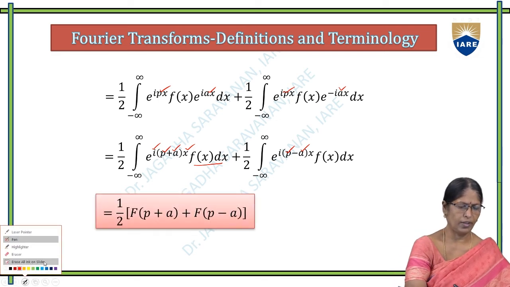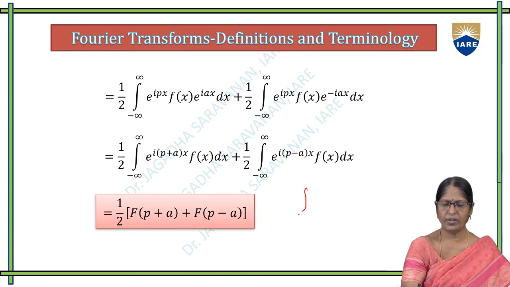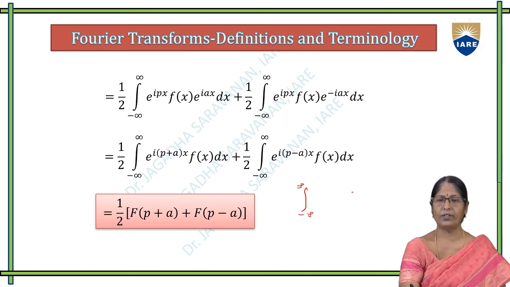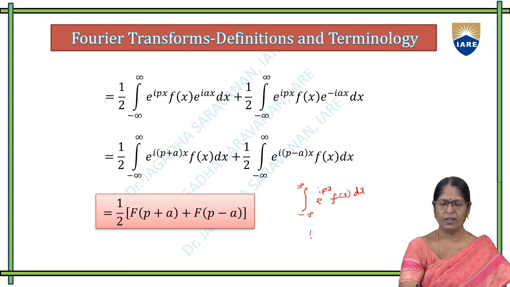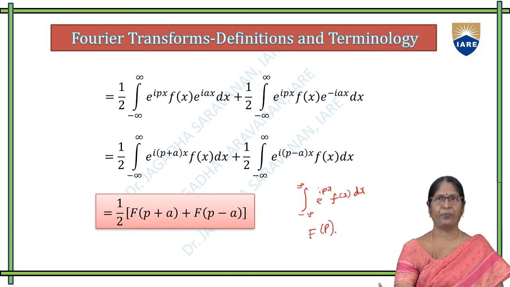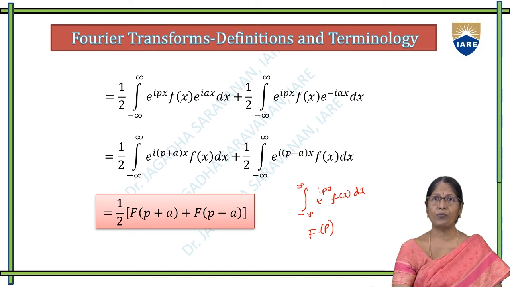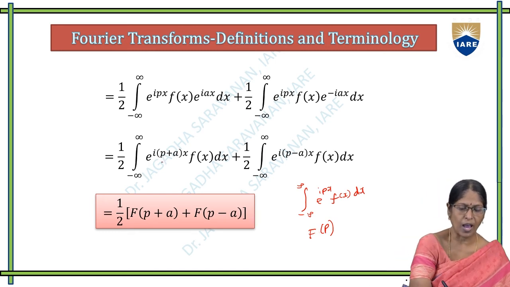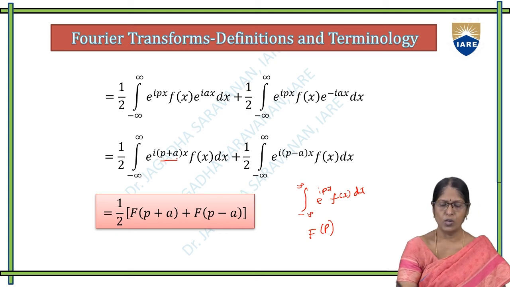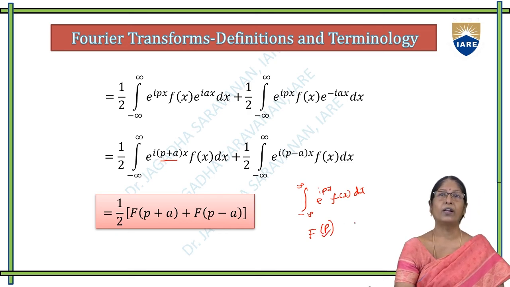So one thing, the integral from minus infinity to infinity of e power ipx f of x dx is nothing but our Fourier transform, capital F of p. But in the place of p, we now have p plus a. So we can replace it by F of p plus a.